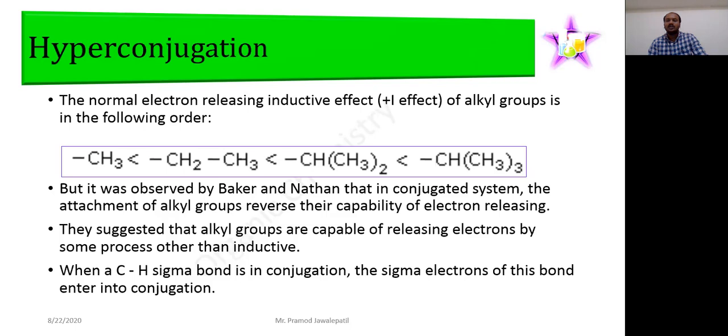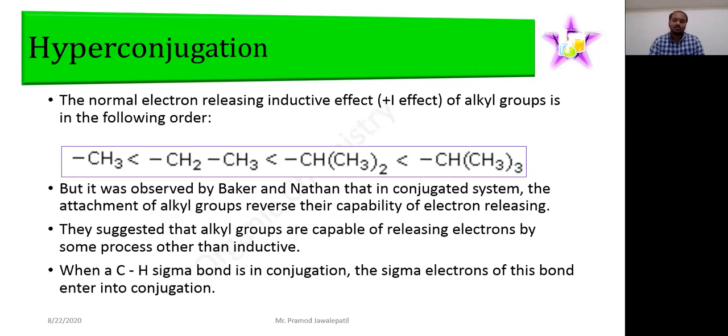We get a delta negative charge on the chlorine atom and a delta positive charge on the carbon atom. Why? Because chlorine has more electronegativity as compared to carbon. That's why the sigma bond is polarized, and chlorine gets a delta negative charge and carbon gets a delta positive charge.